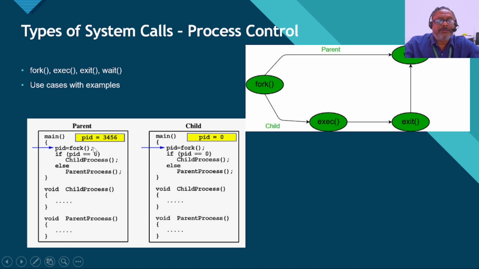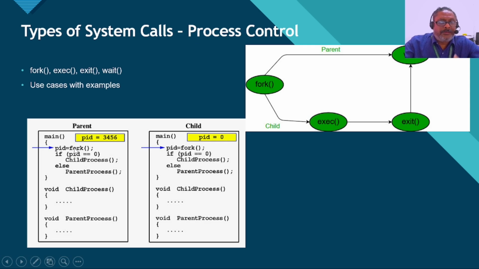PID means process ID. Every process will have its unique ID, and in this case, when the child was created by calling this function fork, it returns a PID.